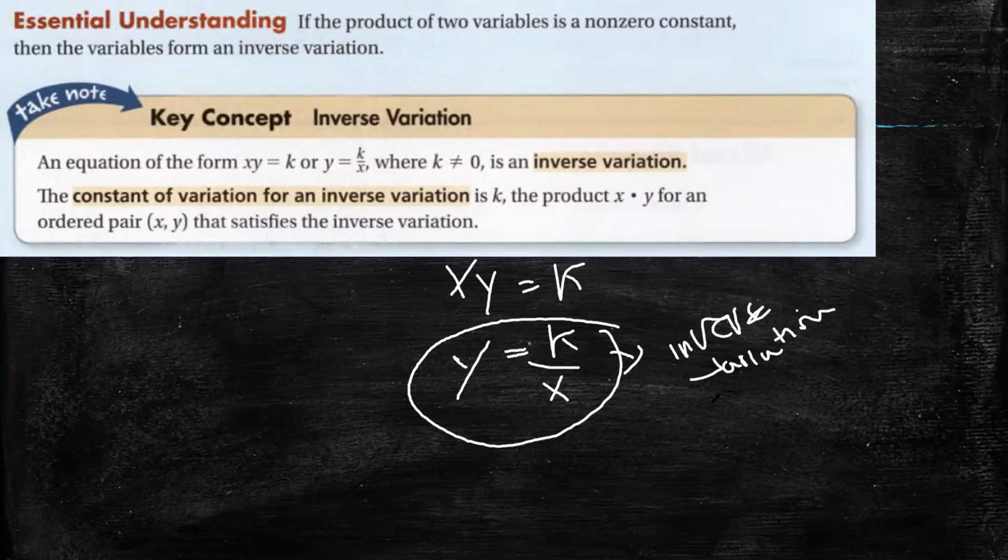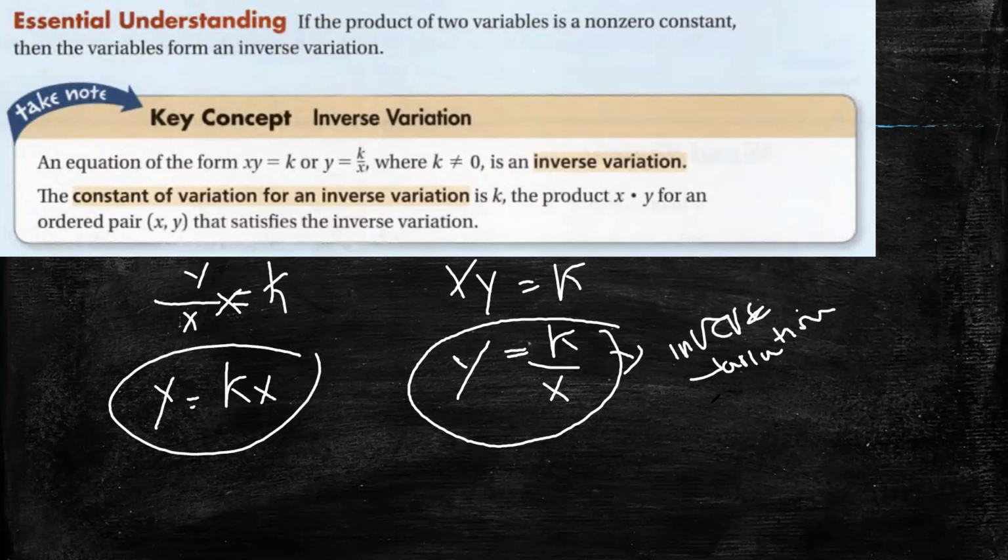So you ask me, teacher, what about the direct? The direct, that's if you divide y over x and you have a constant k, then y will be the constant times x.